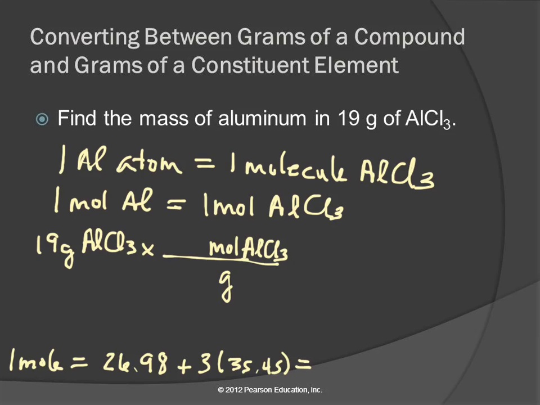And I think that was 133.33, but I'm going to double check. Yes. 133.33 grams. So 1 mole of aluminum chloride weighs 133.33 grams. That's a skill we learned today, calculating the mass of a mole of a compound.